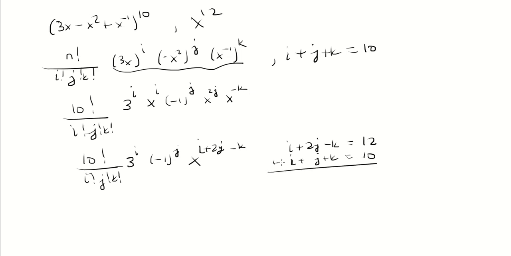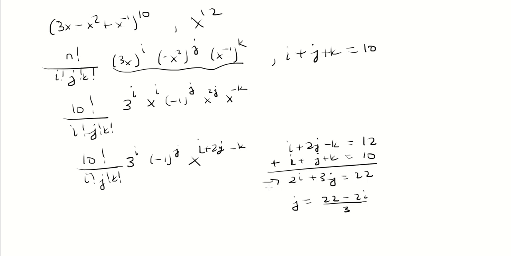So if I add these two, we have 2i plus 3j is equal to 22. And now we can solve for j if we want. So j is going to be 22 minus 2i over 3. So we just solve for j in this equation.